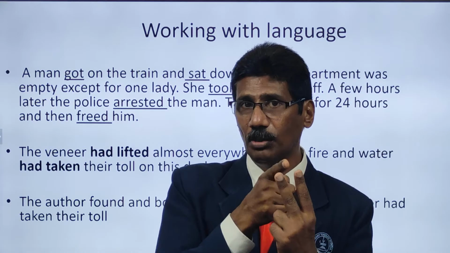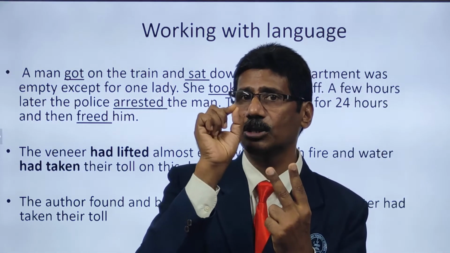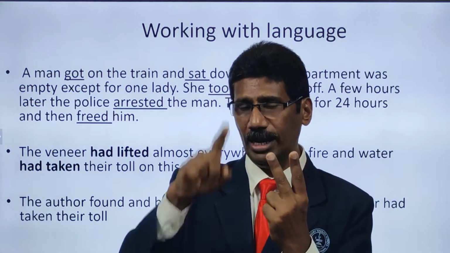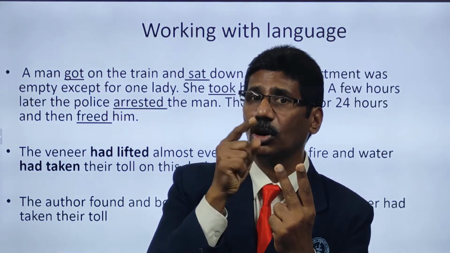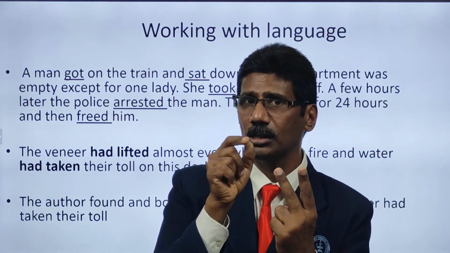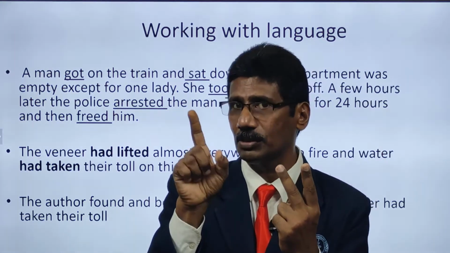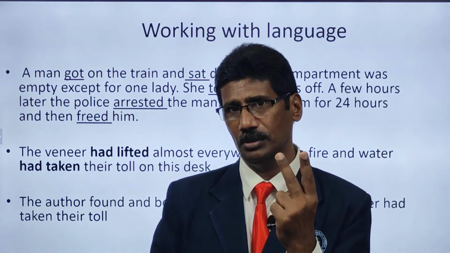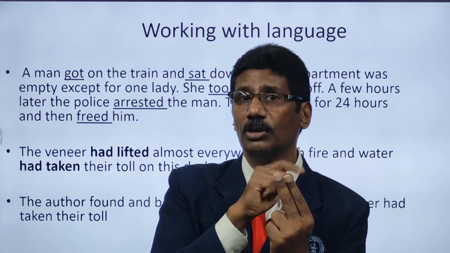In simple past tense, it is verb form two, that is the past form of the verb. Whereas in past perfect tense, the verb form is, we call it V3 in short, it is actually the past participle form of the verb. But it might be the same for many of the verbs.